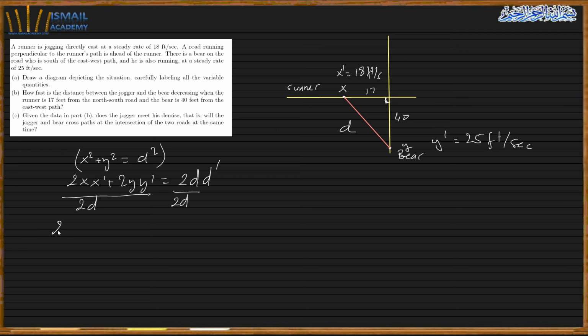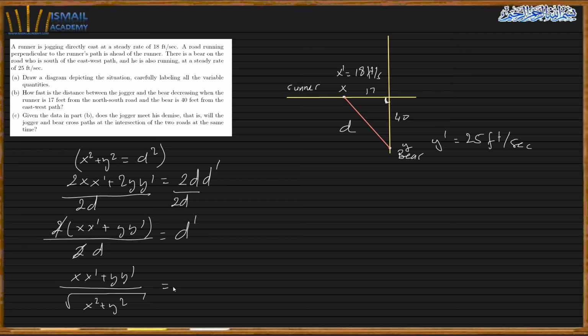Cancel the 2, it will give me d prime. Now d in fact is the square root of this, so d prime is x x prime plus y y prime over the square root of x squared plus y squared.